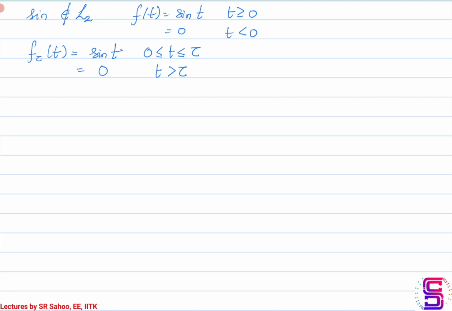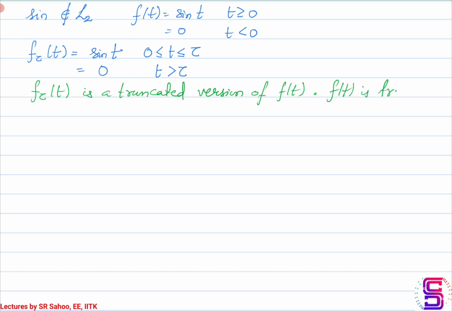So f tau of t is nothing but a truncated version of f of t, that is, f of t truncated at t equal to tau. This is what we have.